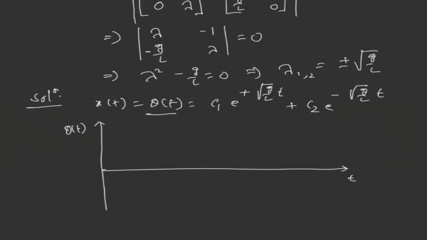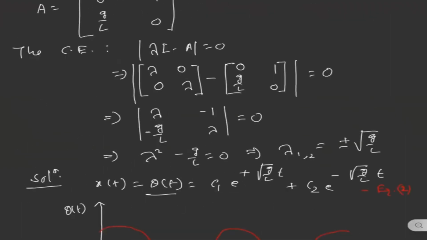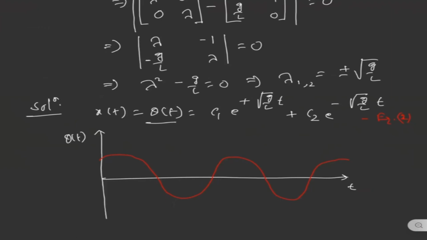Let me write. This is the case for the 0, 0 equilibrium point, and I can write this is equation number 2, and let's write this is equation number 1. So here, this is the response of equation 1.